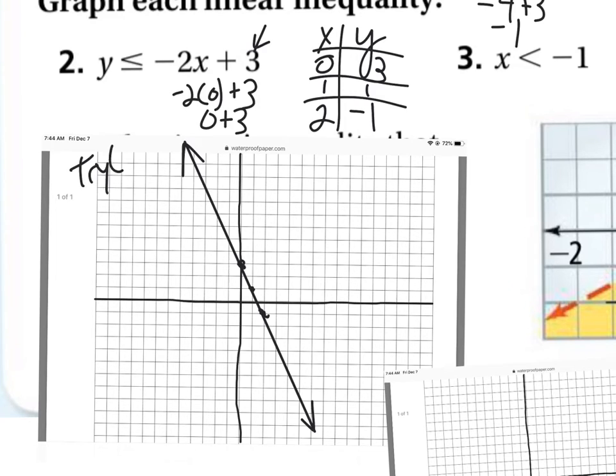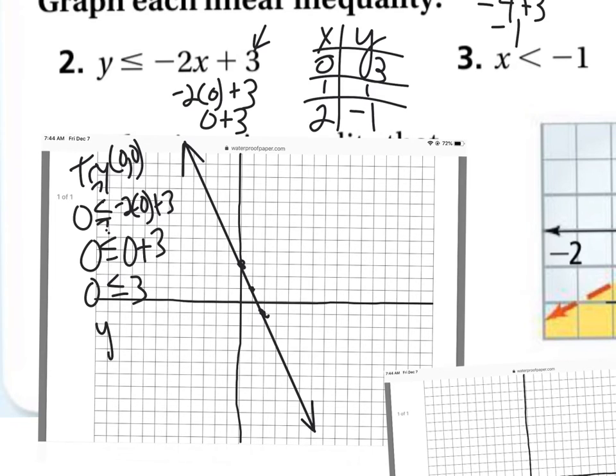So if we try 0, 0, is 0 less than or equal to 0 plus 3? We're testing this, so we should put a question mark there. So is 0 less than or equal to 3? The answer is yes. So we would shade on that side.